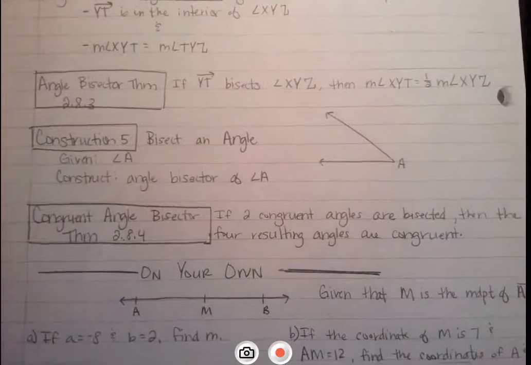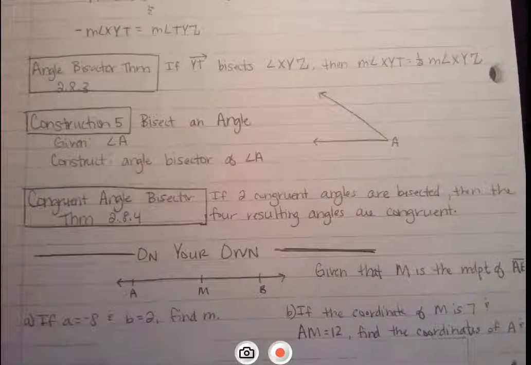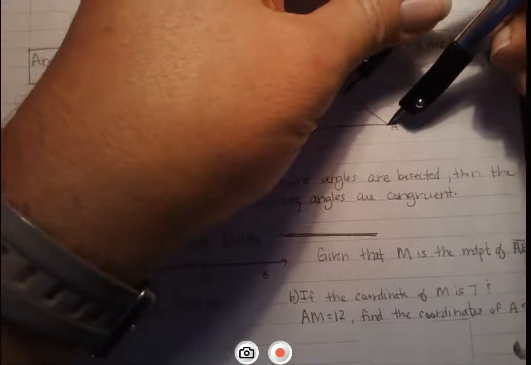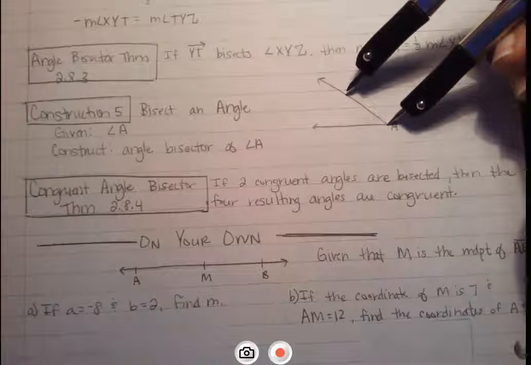So construction 5, bisect an angle. Okay. So we're going to place the point of your compass on the vertex of our angle. I have an angle. You don't have the angle there? Did I take it out of your notes?